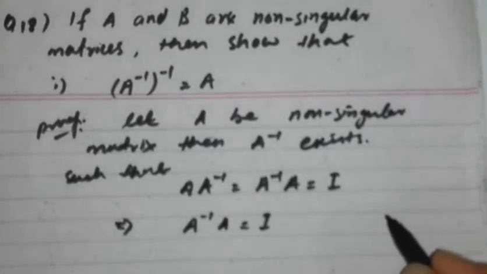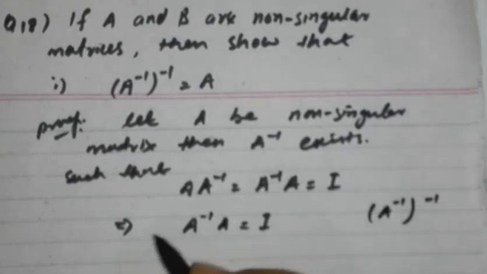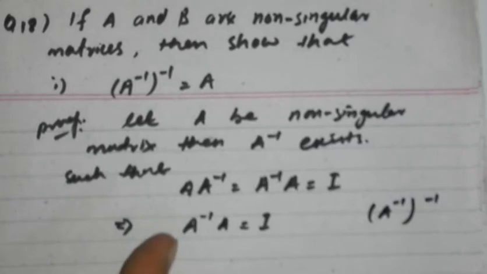We know that (A inverse) whole inverse is the inverse of A, so you can pre-multiply with (A inverse) whole inverse, or directly shift it here, so it becomes (A inverse) whole inverse.